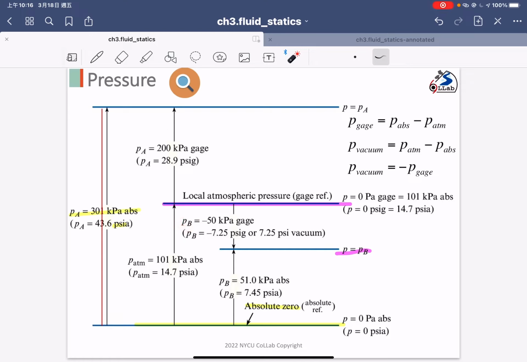And as I mentioned, the vacuum pressure is the minus of the gauge pressure. So since the gauge pressure is negative, the vacuum pressure is positive. Okay, so this figure provides an opportunity to better understand the definitions of the gauge and the vacuum pressure.